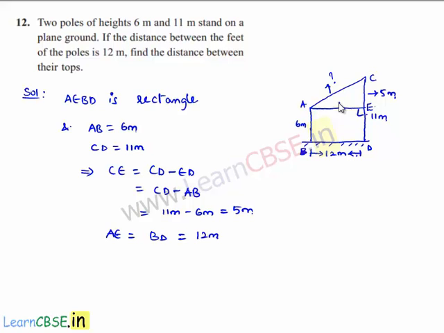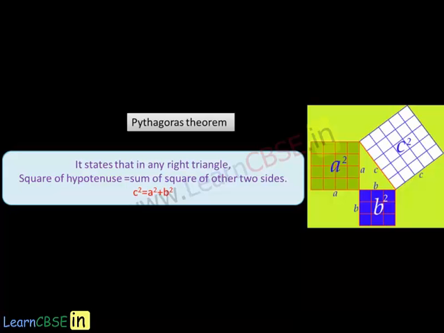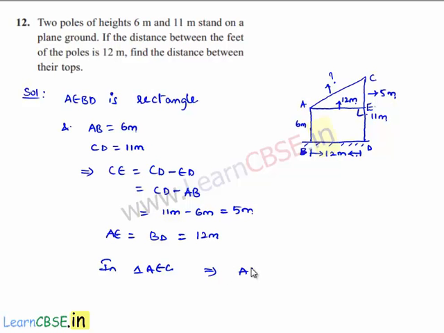So here we also got AE. We know that AEC is a right angle triangle. Therefore, by applying the Pythagoras theorem in right triangle AEC, we get the hypotenuse square, which is nothing but AC square, is equal to sum of square of other two sides, that is AE square plus EC square.